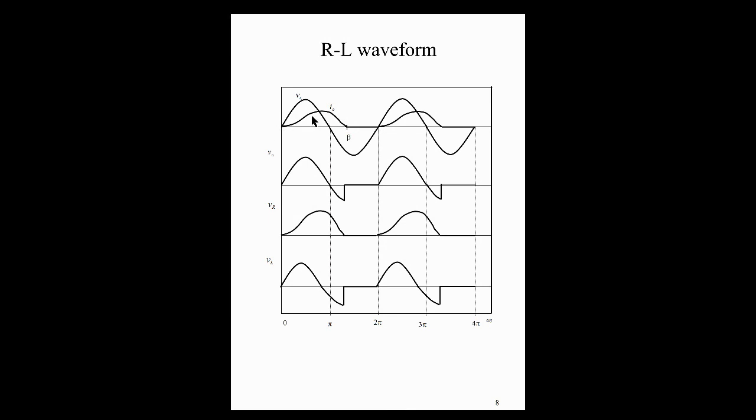And why is this so? This is because of the inductor that is in the circuit. So there's a phase shift that is observed between the voltage and the current waveform.